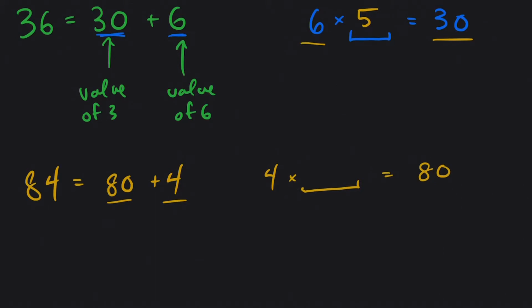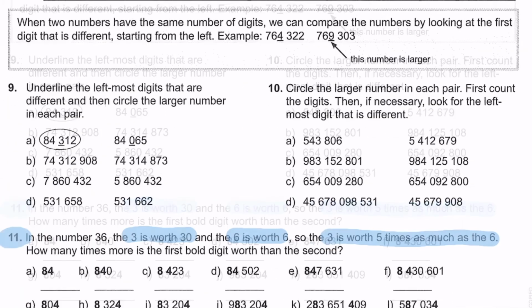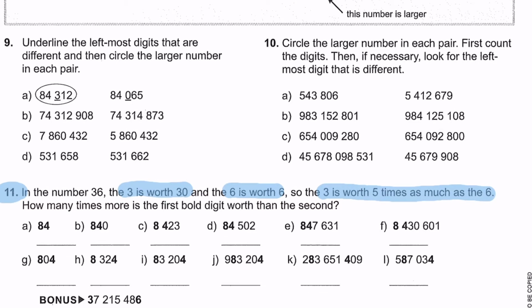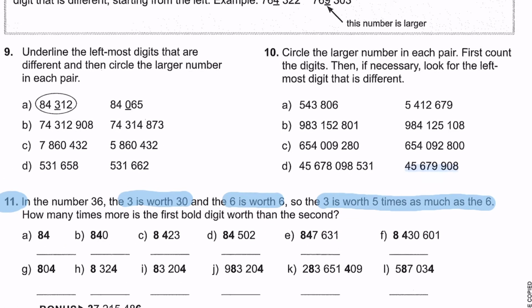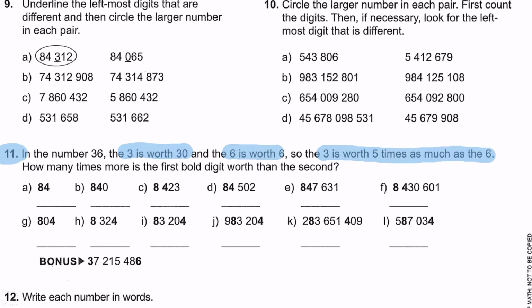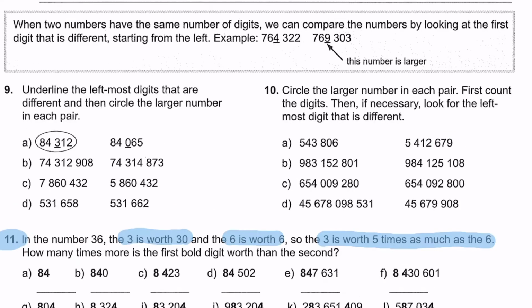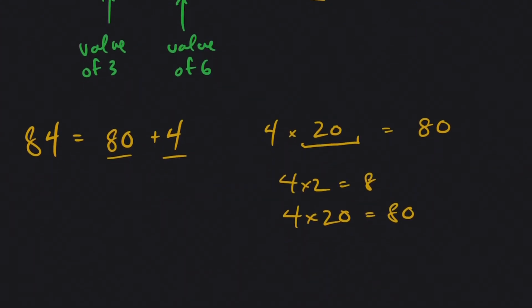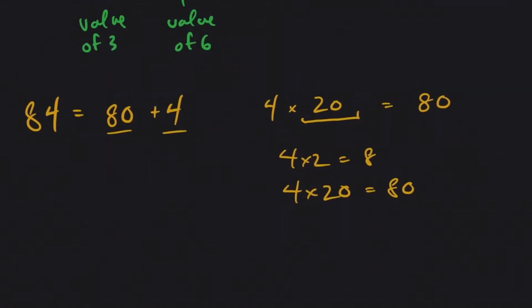Well, I know that 4 times 2 gives me 8, so 4 times 20 gives me 80. So I'm going to put 20 here. It doesn't want to let me draw on there, but that first one is 20.